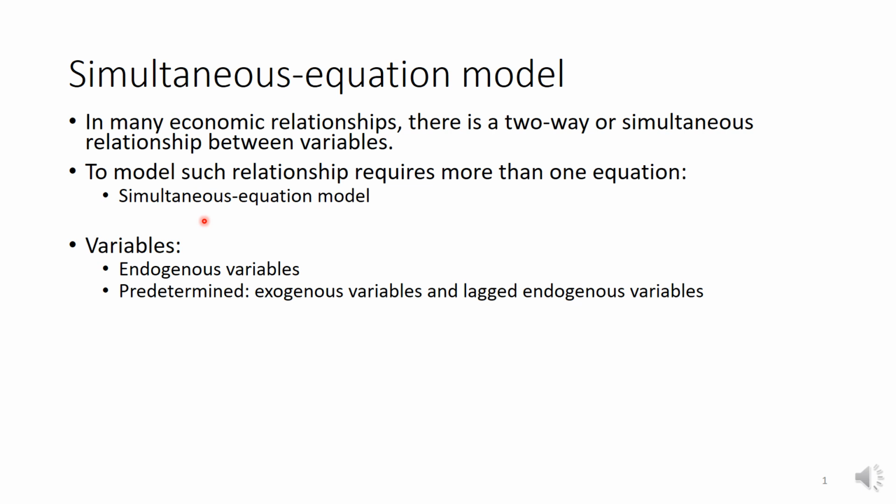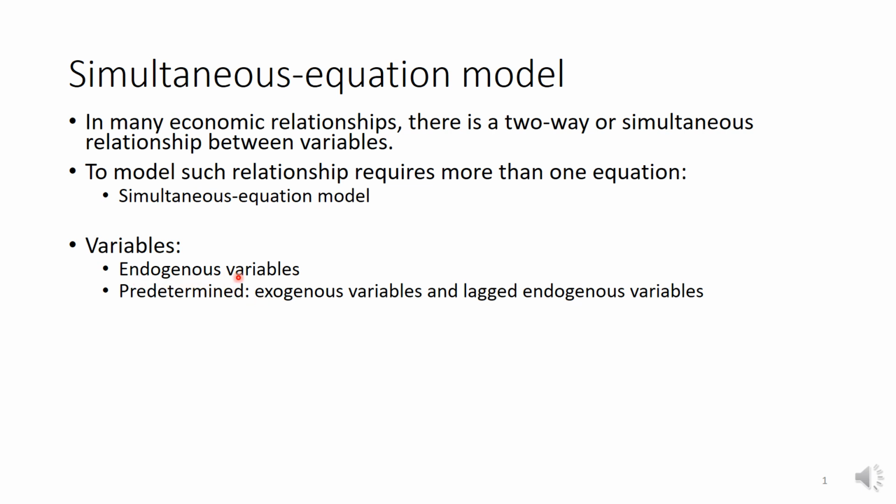In the simultaneous equation model, the variables would be classified as either endogenous variables or predetermined variables. And predetermined variables would be either the exogenous variables or the lagged endogenous variables. Now, the difference between endogenous variables and exogenous variables would be as what it says. Endogenous means in, exogenous means out. So what exactly do we mean by in and out?